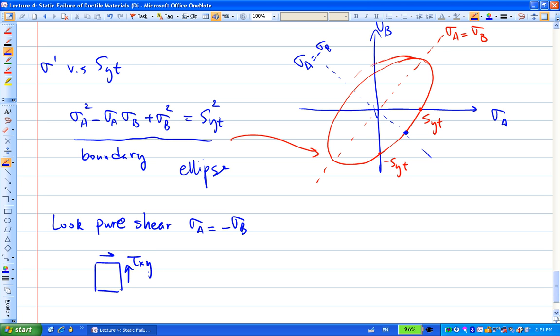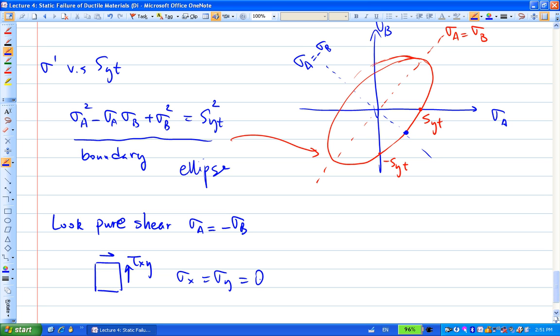There's no normal stress, but this shear stress. That's pure shear. So when you have pure shear, sigma x equals sigma y equals 0.